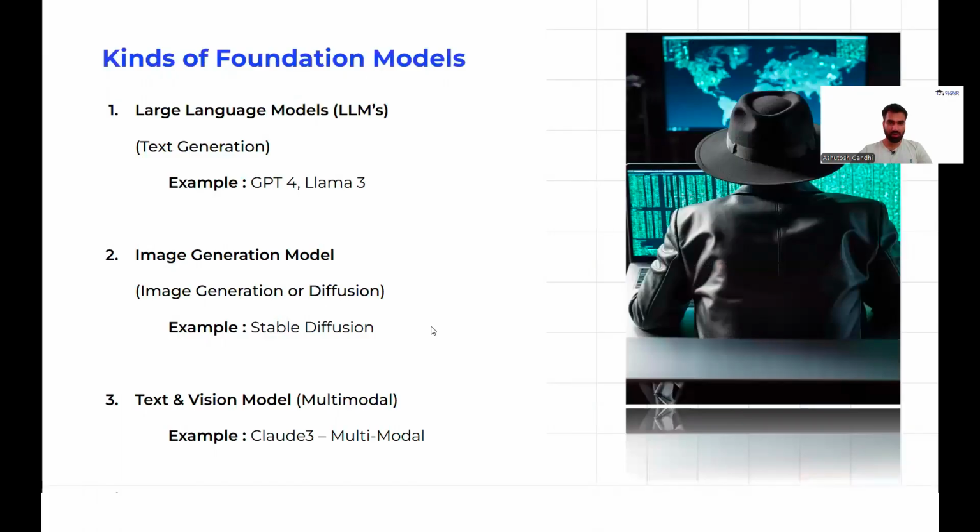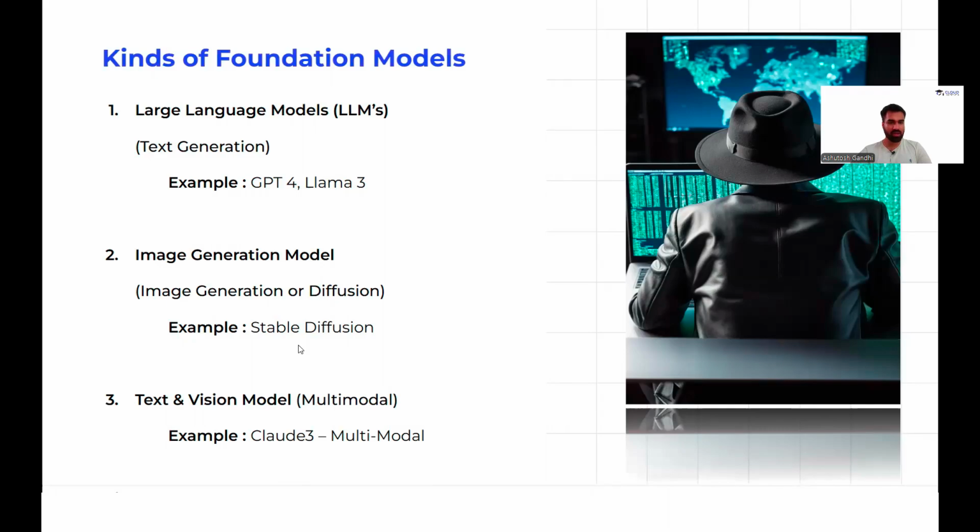Looking at the kinds of foundation models, we have LLMs, which include text generation and chat models. Then we have diffusion models, which include image generation models. For example, Stability AI has provided stable diffusion models.